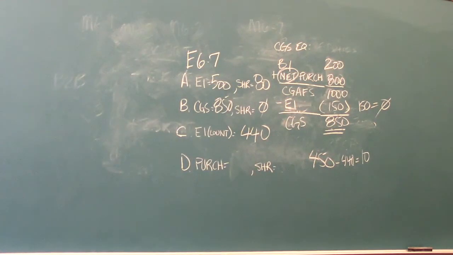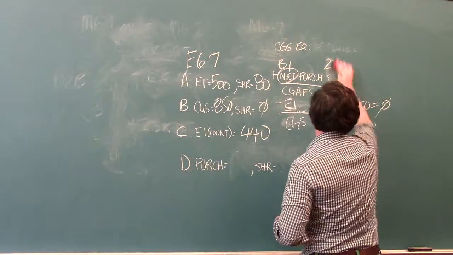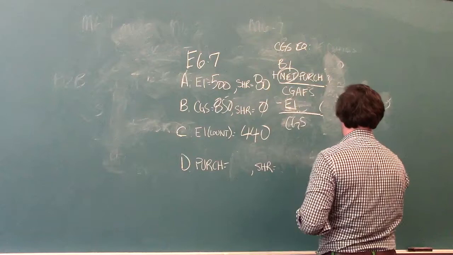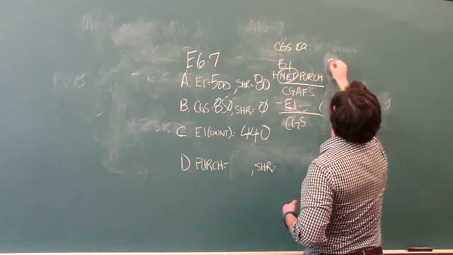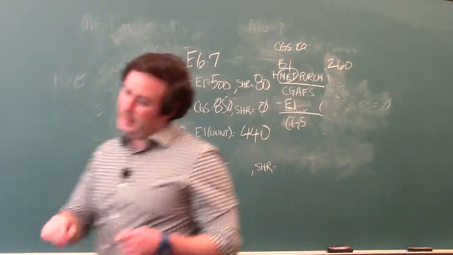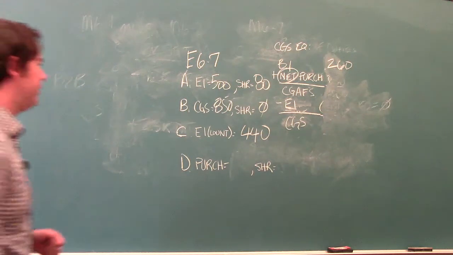And on the last one, for D, it tells us beginning inventory was 260. So let's switch these around real quick. It then tells us they don't know the purchases, but they know the cost of goods sold was $650.